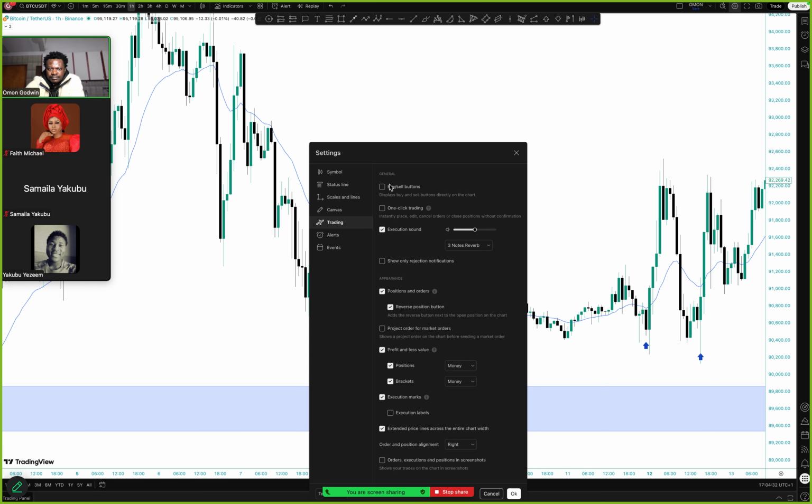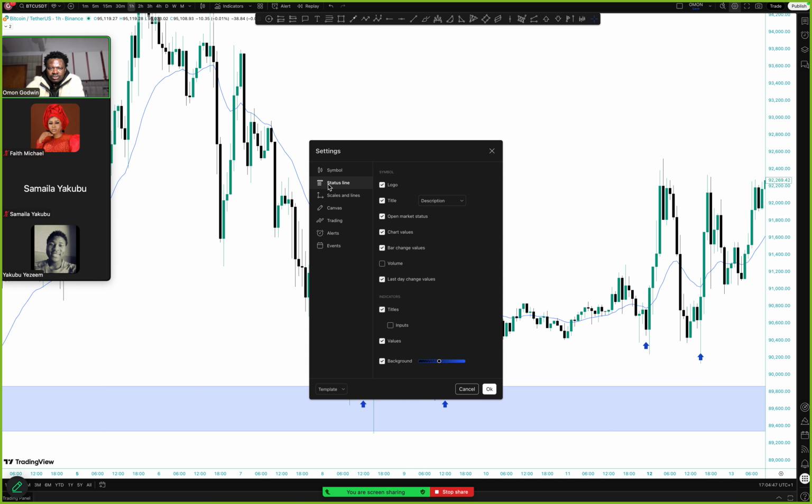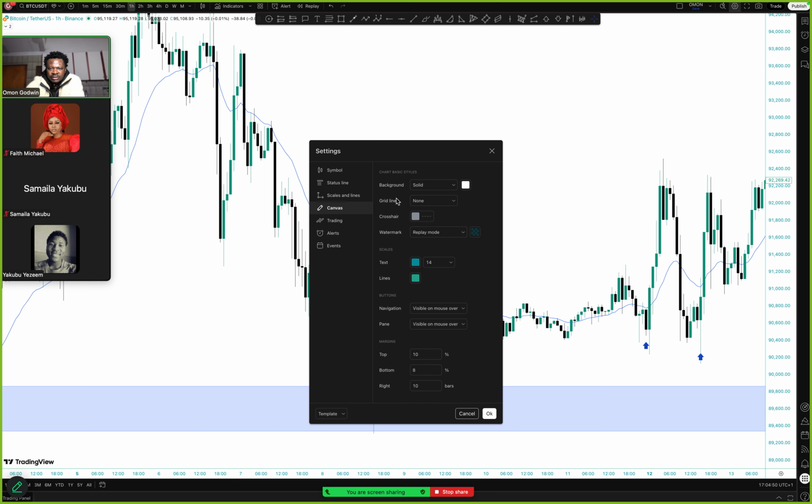Trading, but not there. Let me check scale. Countdown is already there. I wanted to put the watermark so that you guys will know exactly the time frame where we are. I see a canvas. It's supposed to be this point. Tick. No. This one, interval. No. I can't remember, guys.